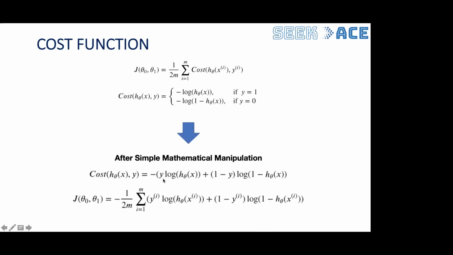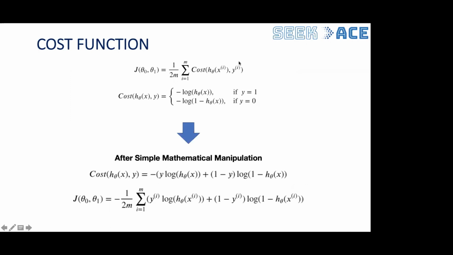Now see, if y is 0, this part of the equation becomes 0 and only this part works. And if y is 1, then the 1 minus y term becomes 0 and this part remains. So this is another way of writing it.